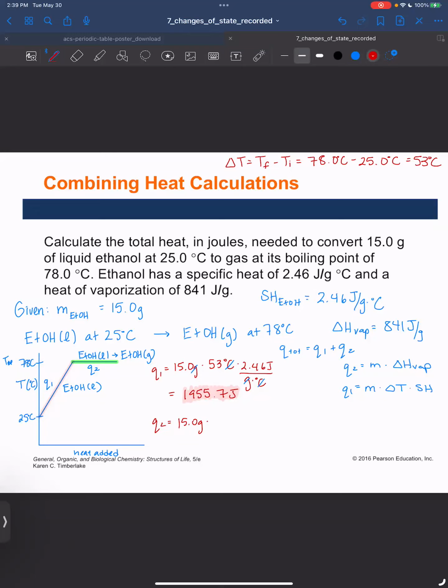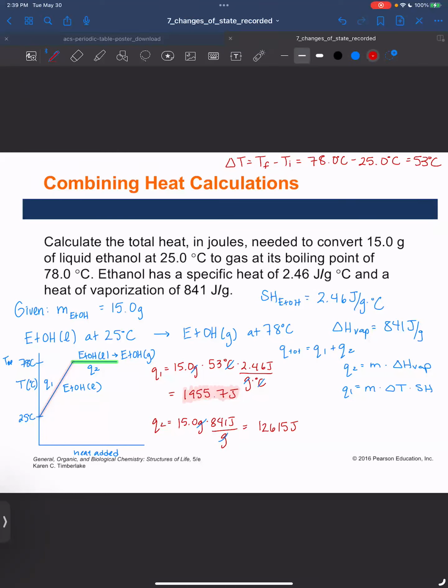So this will be that times 841 joules per gram. And I always like to check that my units cancel out, even if I'm plugging it into a formula. And so 15 times 841 is equal to 12,615 joules.